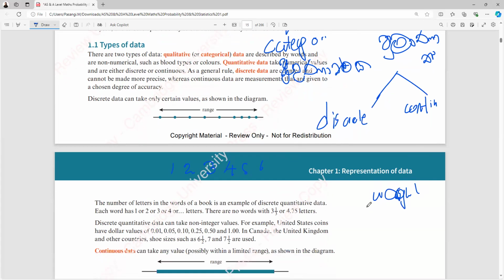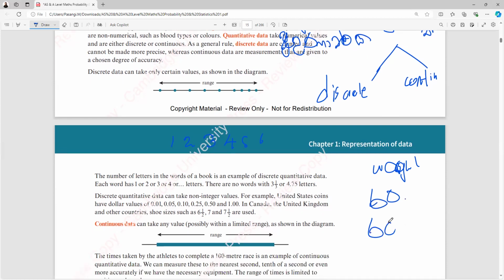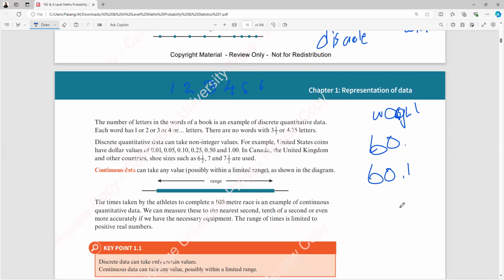For example, there's a range. If it's me, I can say my weight is 60 kilos, and someone else can say 60.1, and someone else can mention 60.75. Here there are no decimal points, here we have 1 decimal point, here we have 2 decimal points.